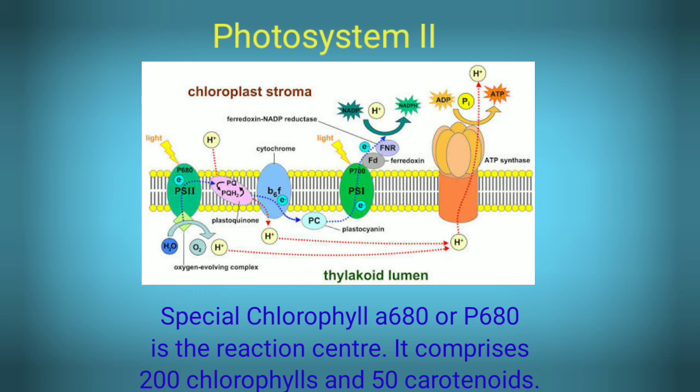One more thing to be said is that photosystem 2 is involved only with the non-cyclic electron transport chain. It doesn't take part in the cyclic electron transport chain.